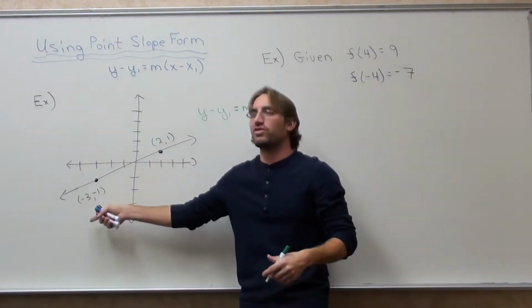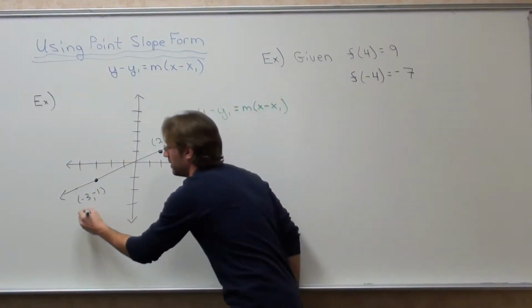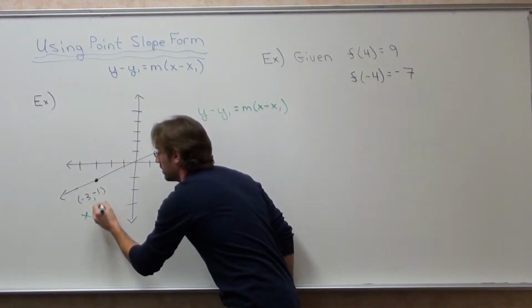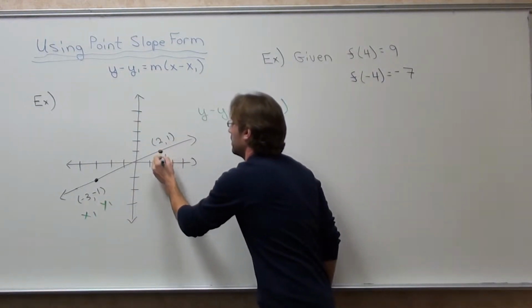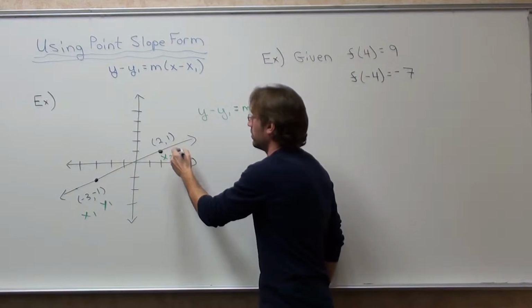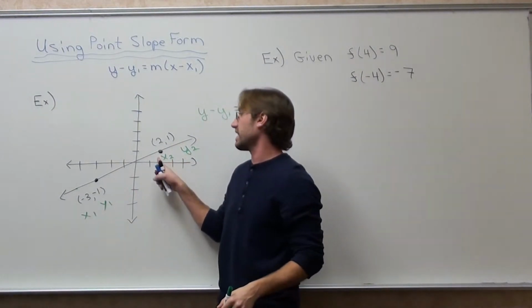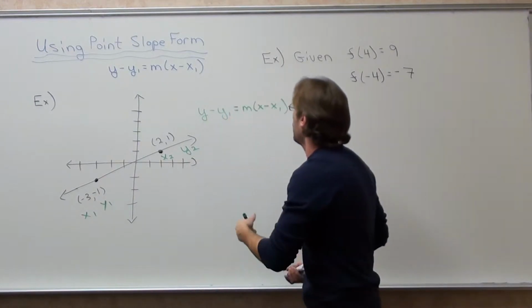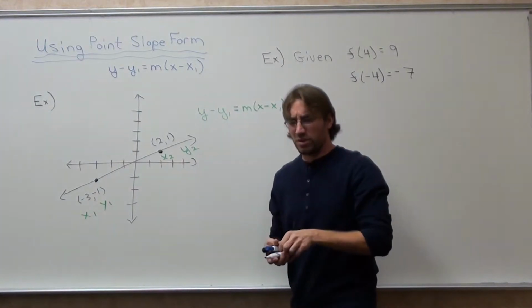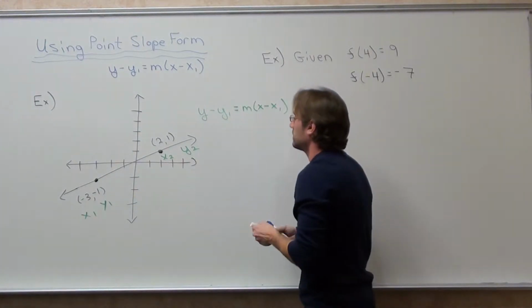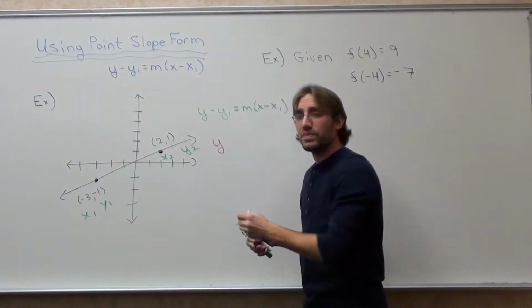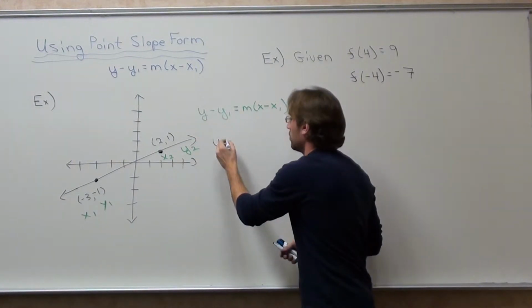But since you see this point first, we're going to use this one for x1 and y1. And we're going to call this x2 and y2. This is going to be my first x and first y that you see, second x, second y that you see. Well, okay, when I'm using point slope form, the y is left alone, and I subtract y sub 1.